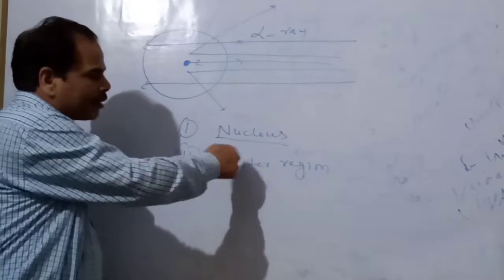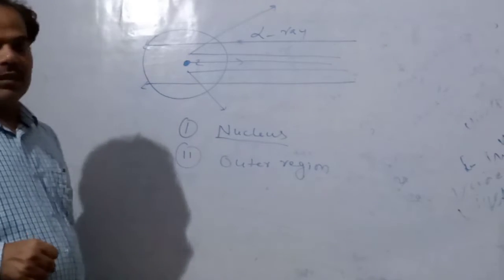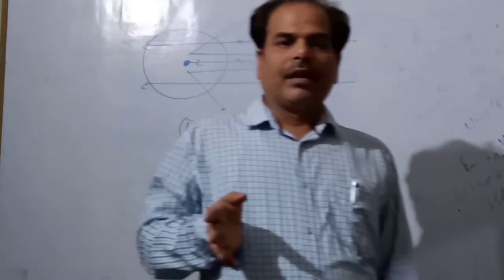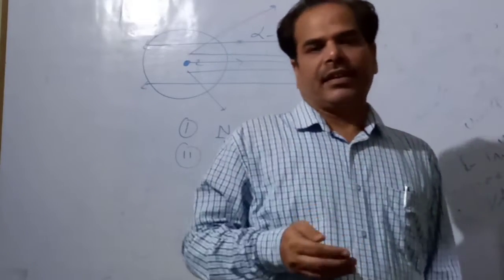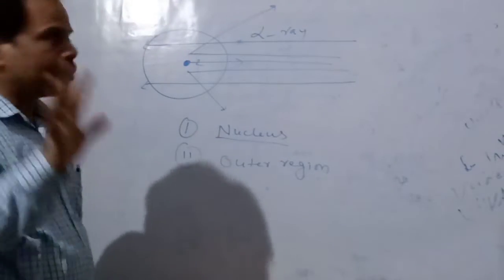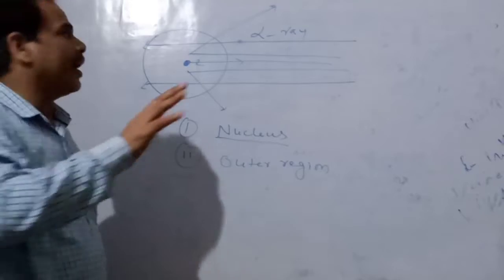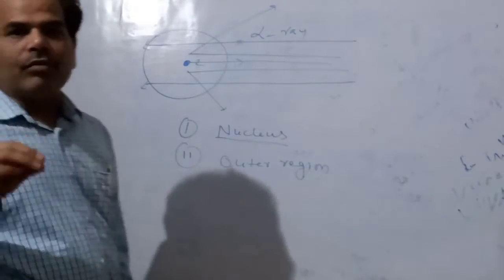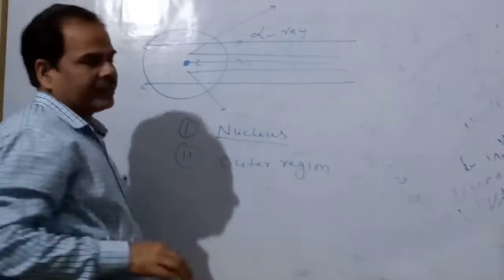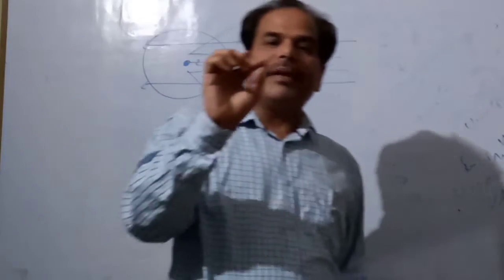The second part of the atom is the outer region. This part is assumed to be empty because most of the alpha particles pass through the thin gold foil easily without any deflection. In this outer region, electrons are present.